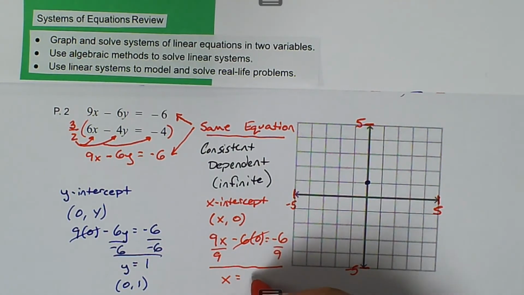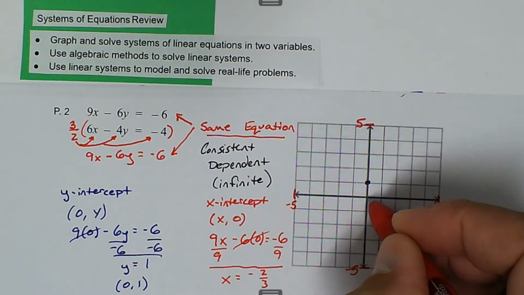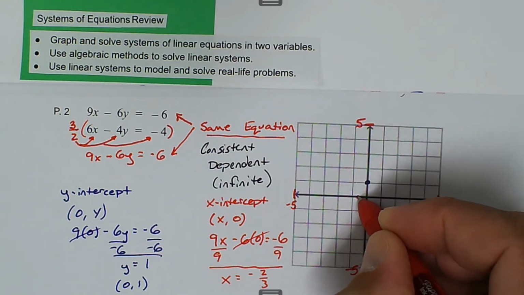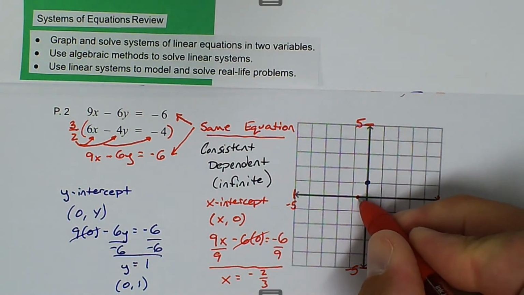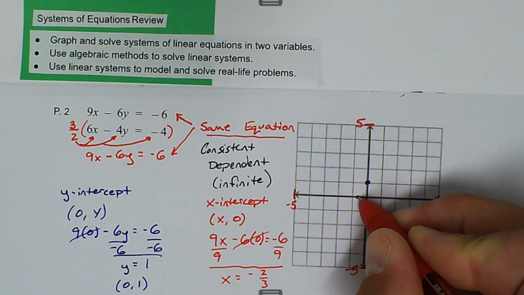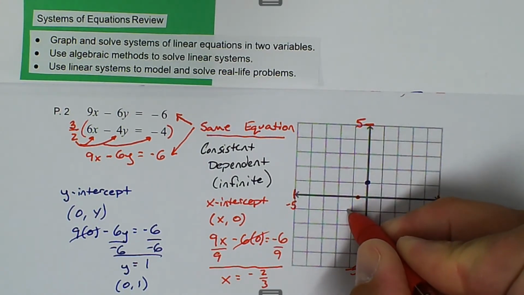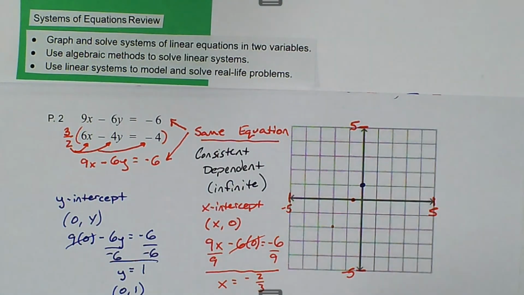And then we get x is equal to negative 2/3. So negative 2/3 is right here, and then we can graph the line that goes through those. That would be back 2/3, down 1, back 2/3, down 1, which would be right there. So we can graph the line that goes through there.